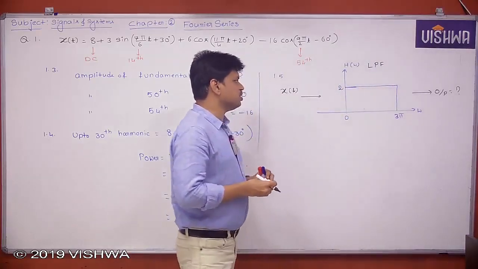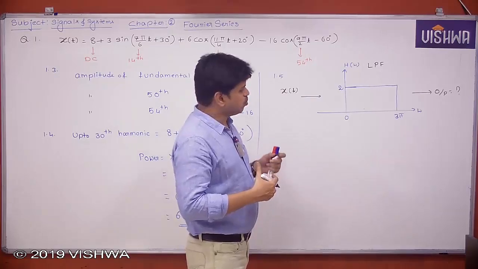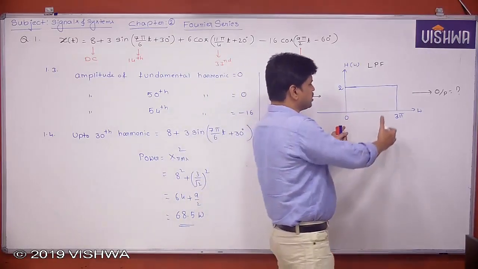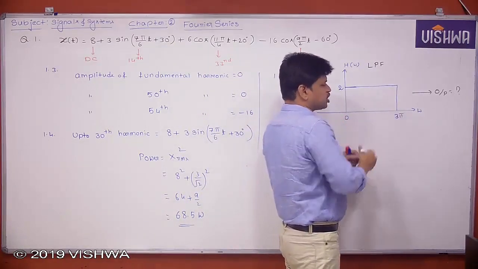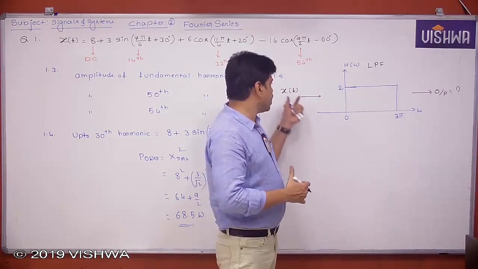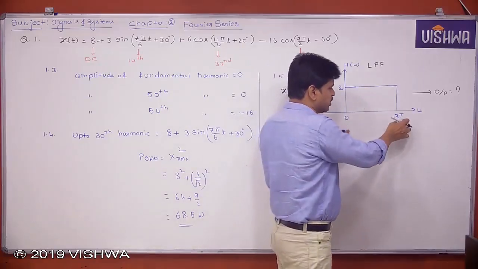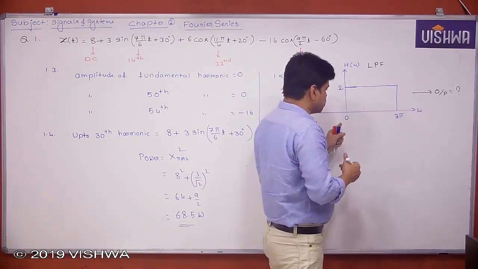Now see, whenever a filter problem is given, forget about everything, we just have to see what the pass band is, and in that pass band, what frequencies the input is having. That means in the input we have to consider the frequencies only in the range 0 to 3 pi.